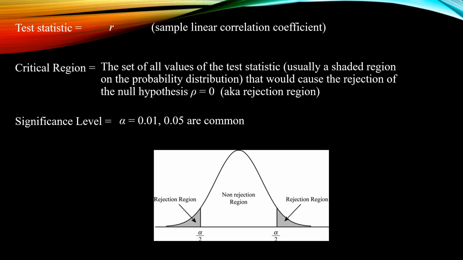When we draw our distribution, the only difference between a regular hypothesis test and this one is that the minimum value and maximum value terminate on the axis at +1 and -1.